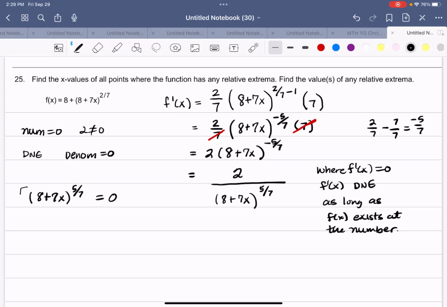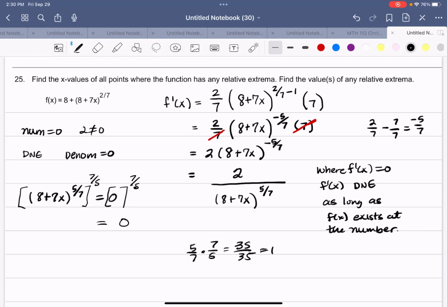Now, to get rid of this exponent, we got to raise both sides to the 7/5. Well, 0 to any number is going to be 0. And look, when you raise a power to a power, the 5/7 and the 7/5 get multiplied, and that's 35 over 35, which is 1.